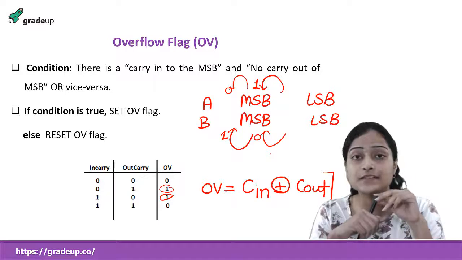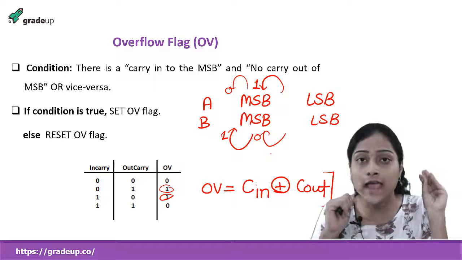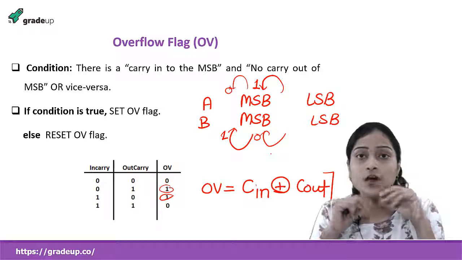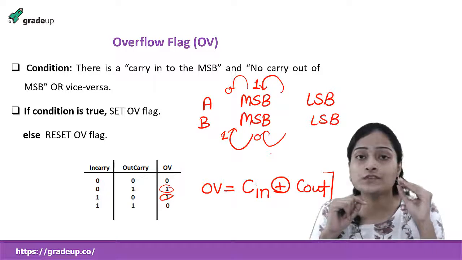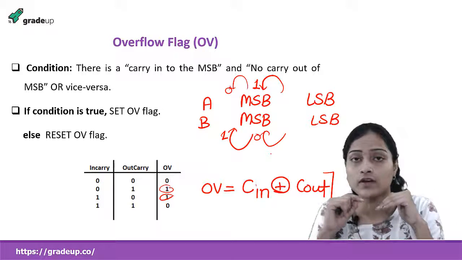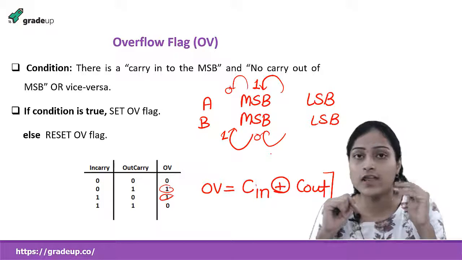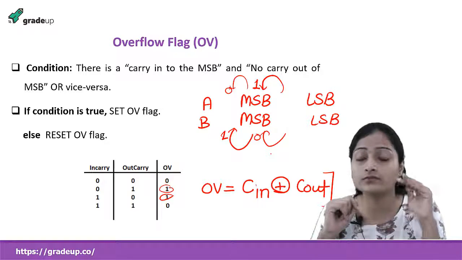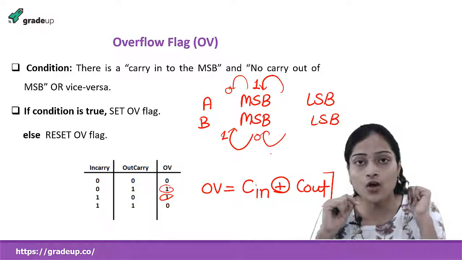Guys, as the name suggests, overflow flag will be used to represent the overflow condition of my accumulator register. What is the overflow condition? Overflow condition means that you want to store data of larger size than a register can hold. That is, data is of more size than my register can hold. This is the condition when I am going to set or reset my overflow flag.